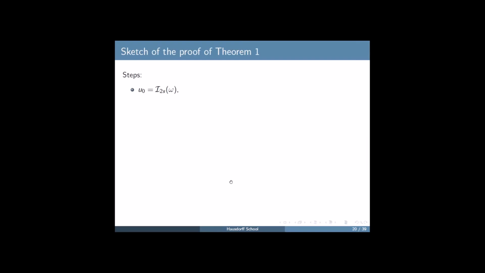Just to give a sketch of the proof, the starting point is to solve the problem without the first order term. If you define u0 as the Riesz potential of order 2s of the measure omega, then u0 has the right regularity for these problems, and indeed it is the solution of the problem with omega on the right-hand side.